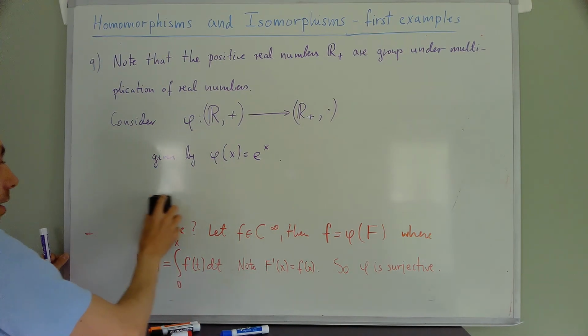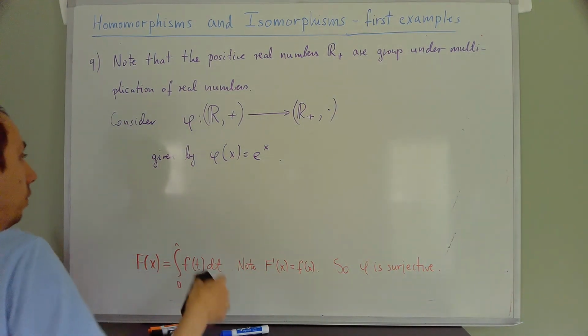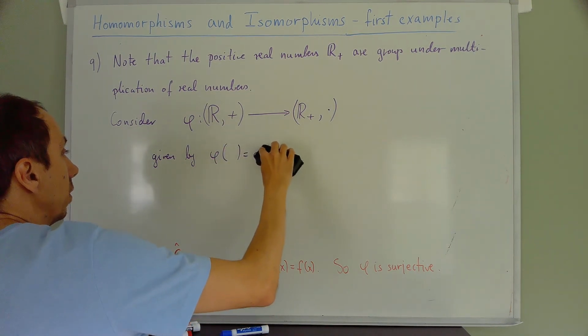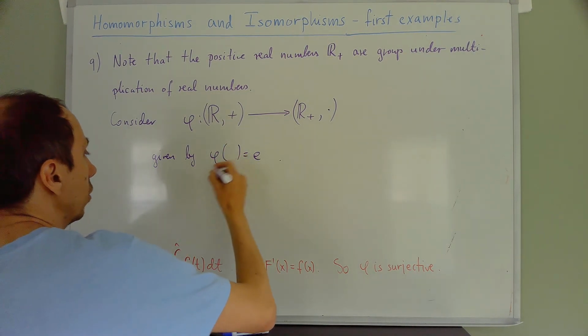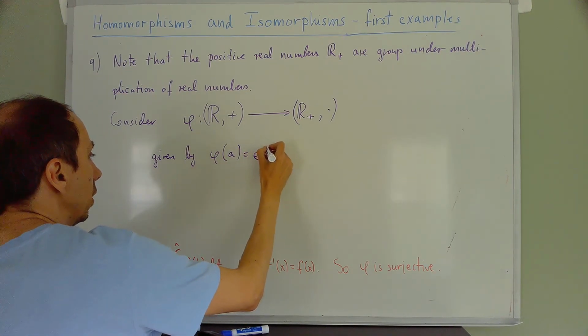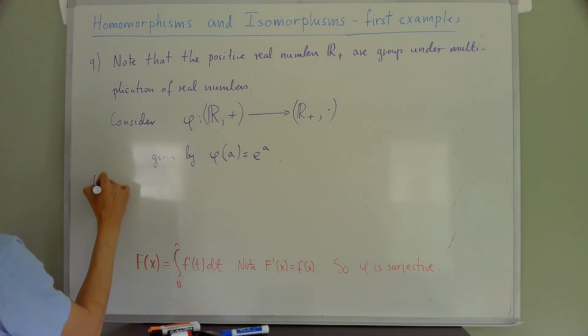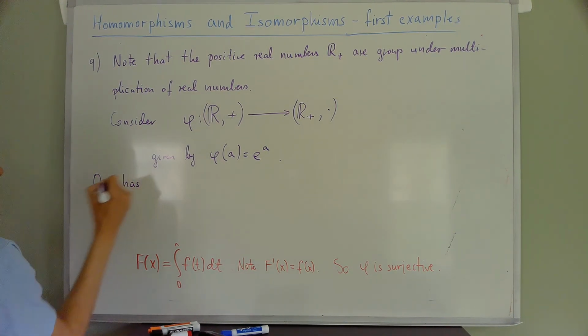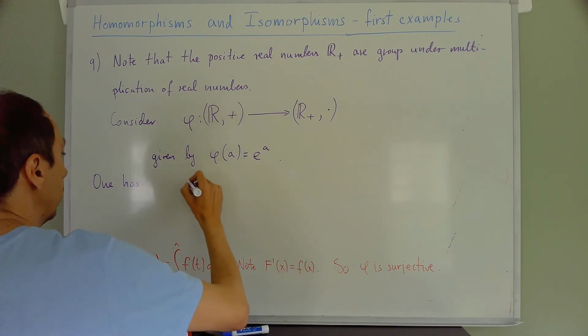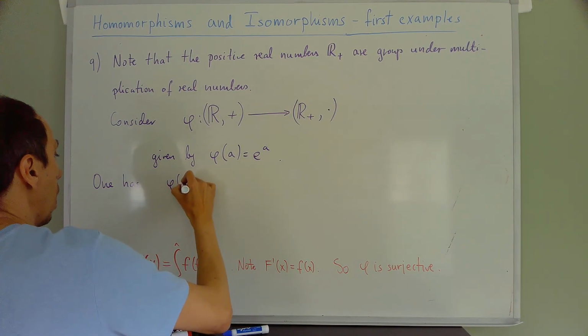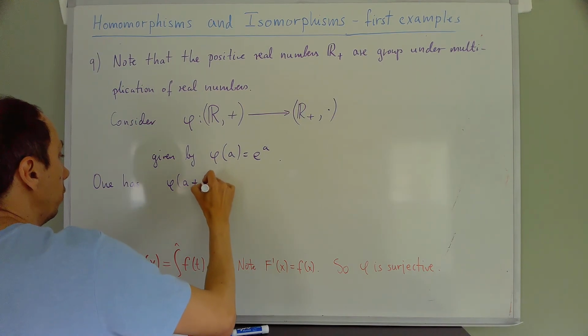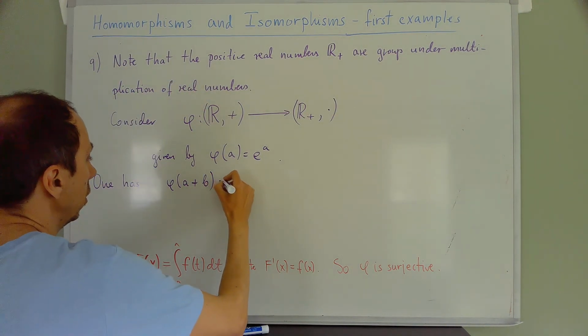Let's see. So phi of, maybe let's just say phi of a. I don't know what's a good name for a real number. Phi of a equal to e to the a. So I claim this is a homomorphism. So one has that if you look at phi of ab, now I have to do phi of a plus b because that's the operation here.